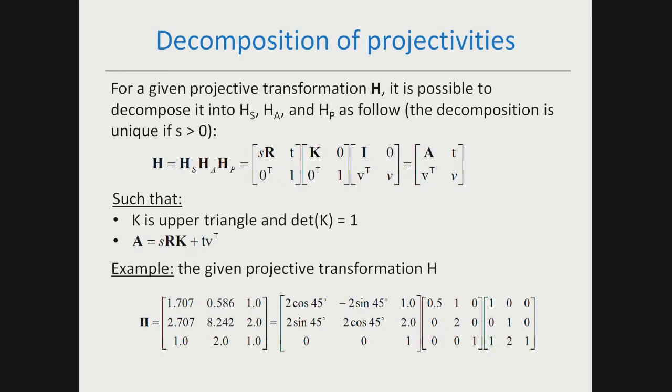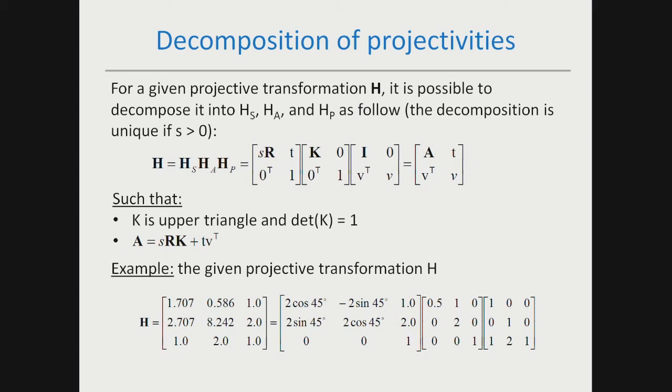The same thing, we could look at the projective transformation or projectivities. We can decompose them into three matrices, but here we want the decomposition to comply with some requirements.